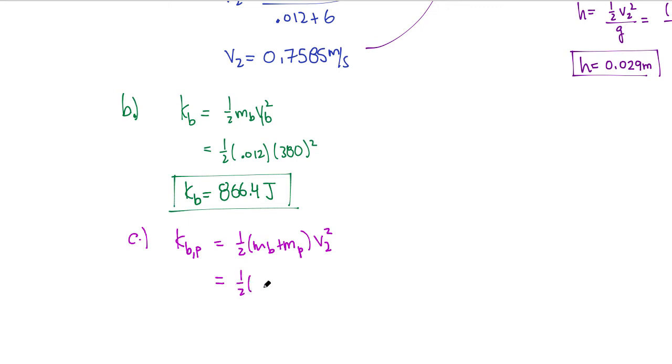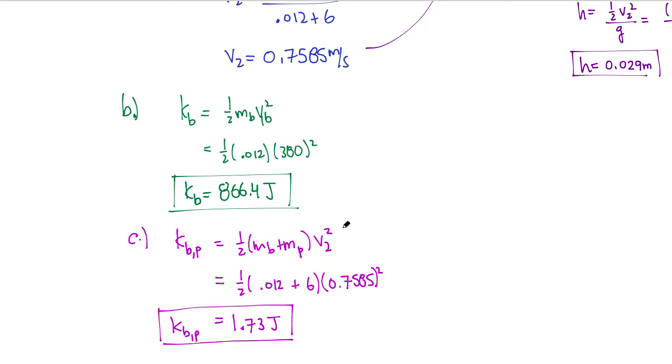So that'd be 1/2 times 0.012 kilograms plus 6 kilograms times 0.7585 meters per second squared. So the kinetic energy of the bullet and pendulum together immediately after the collision would be only 1.73 joules. So there's quite a large amount of kinetic energy lost in this case.